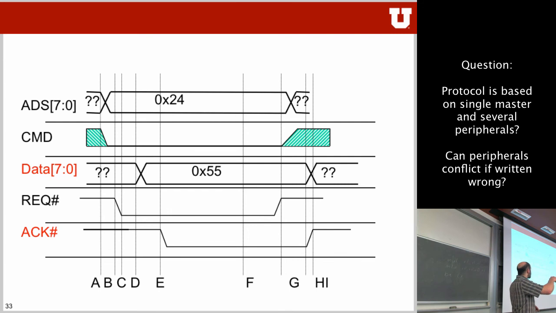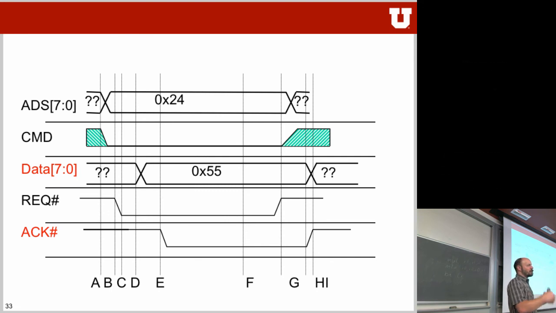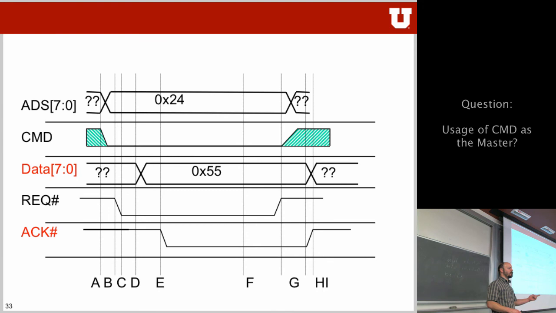Same thing if the peripheral thinks that low is actually a read, or it conflicts the other way around, and the target starts writing onto the bus while the host controller at the same time wants to write somewhere. It will also start driving the bus, which will also be a conflict. So you can have conflicts, but the protocol tells you who can write to the data and who can read from it.